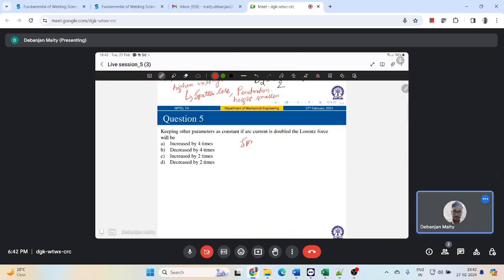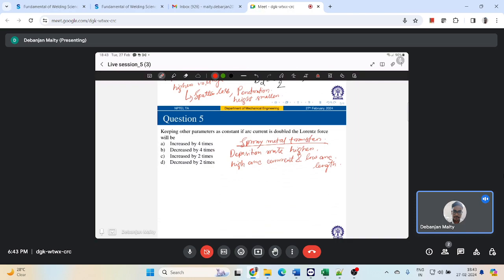So if we talk about spray metal transfer, deposition rate is higher, it occurs with high arc current and lower arc length, right?